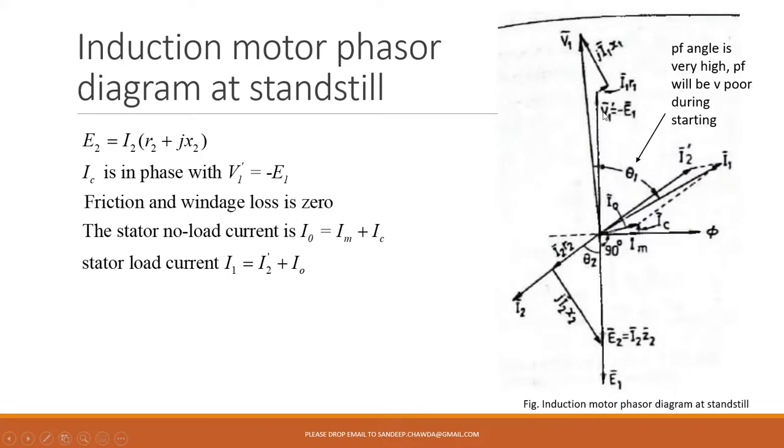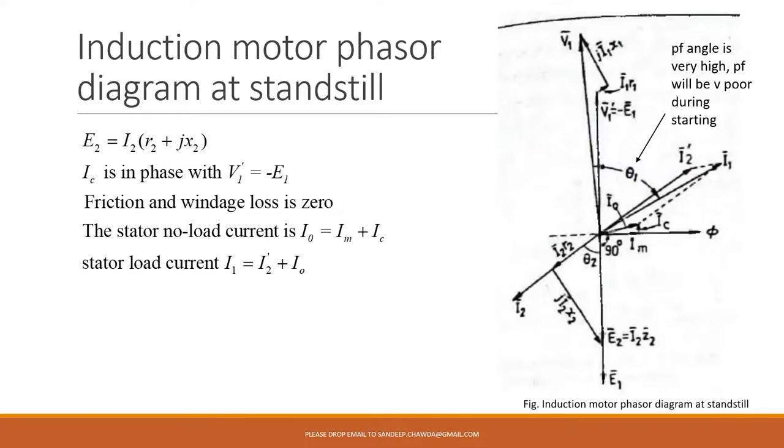So you are having E1. In phase with this E1, IC is drawn. The sum of the magnetizing current and the core loss component current IC is going to give you the no load current. You could recall what we did in the transformer.